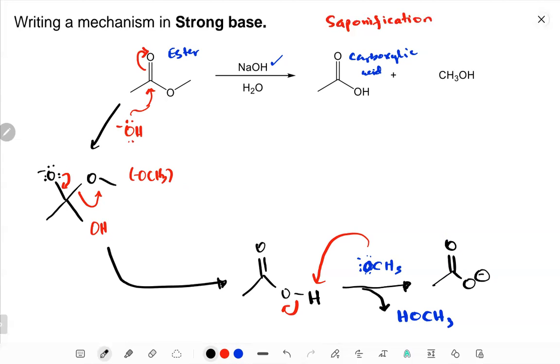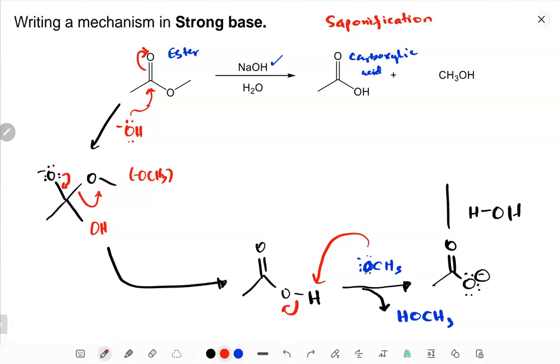Now, what happens next is that water will act upon this process. So water now will participate, and this highly nucleophilic oxygen, or this highly nucleophilic acetate ion, will tend to abstract a proton from water, like this.